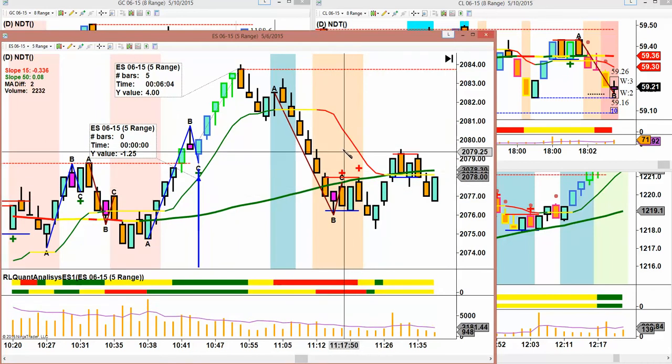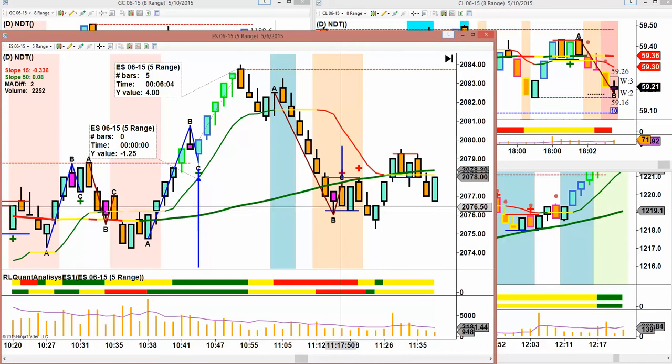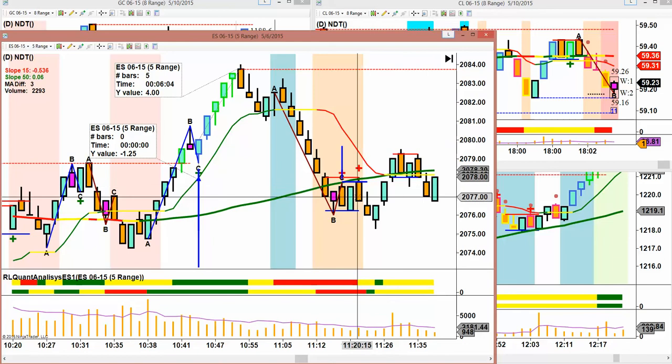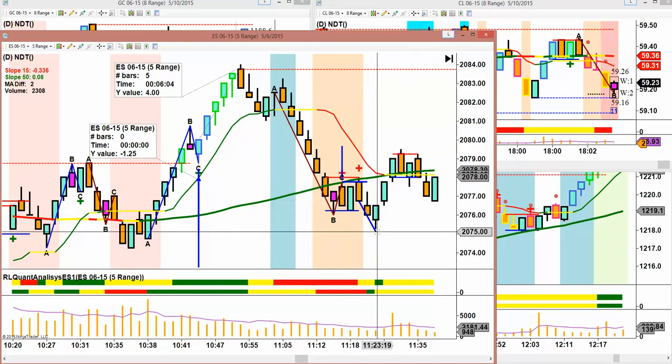Now this is a very aggressive short on dual line with dual quant confirmation, and if you took this trade here, you would have gotten the loser. It would have taken you out by 1 tick. If you took this trade, you would have had a winner.